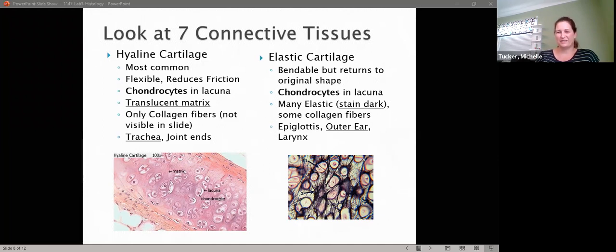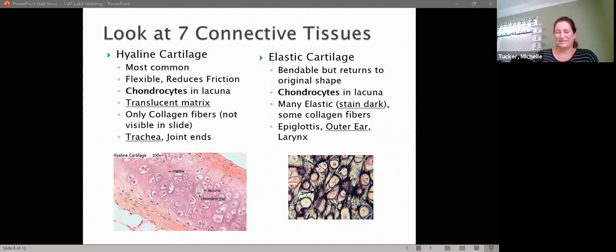Okay, moving on to elastic cartilage. Again, if you identify something that looks like a fried egg, you have a chondrocyte, so you have cartilage. Elastic fibers tend to stain very dark purple. It can look almost black. It's really an intensely dark purple. I do miss a little bit that you don't get to see these on a microscope. I really like histology.